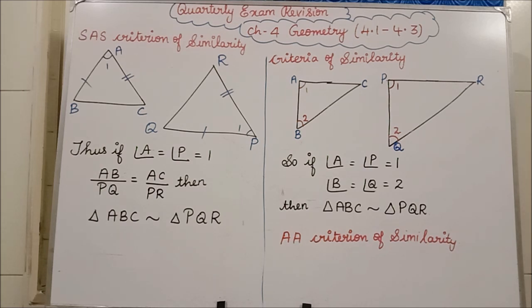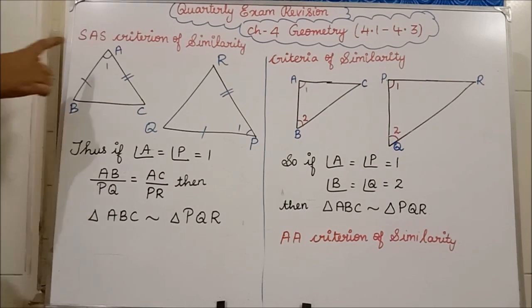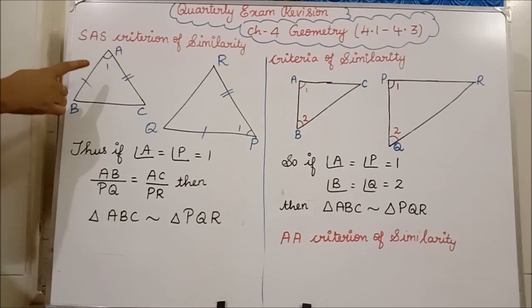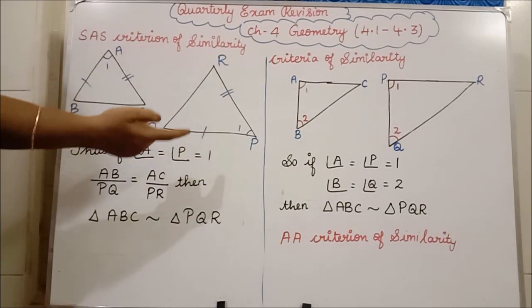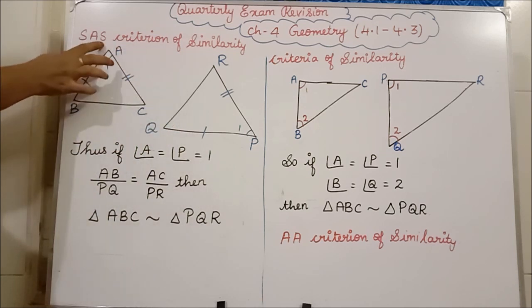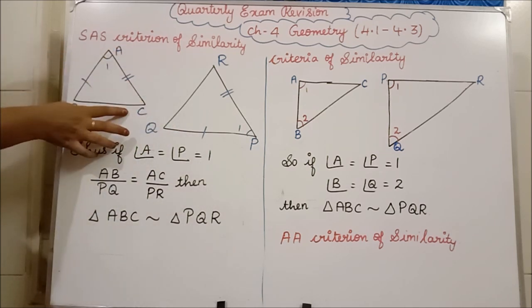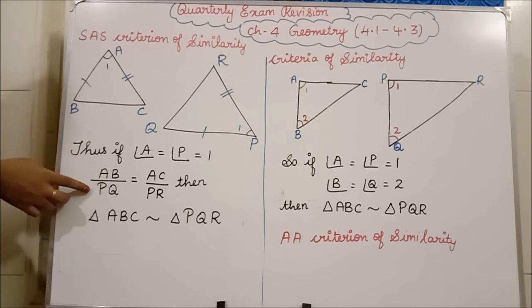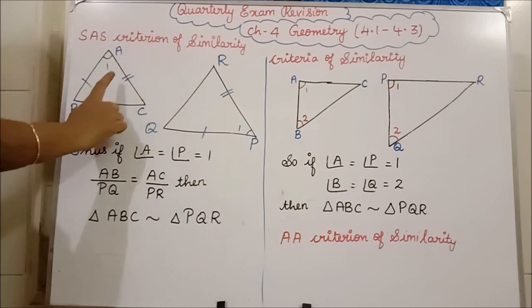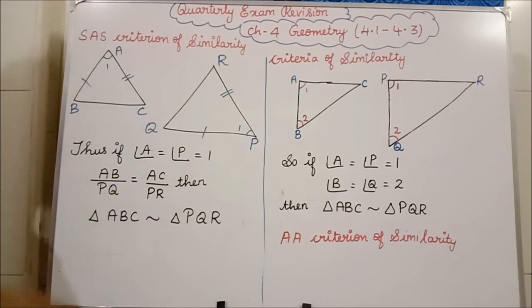Now we'll see the SAS criterion. SAS criterion means one angle of a triangle is equal to one angle of another triangle, and the sides including them are proportional, then the two triangles are similar.